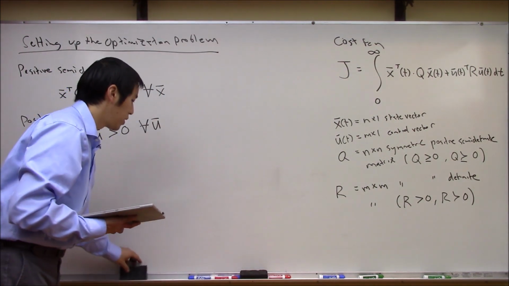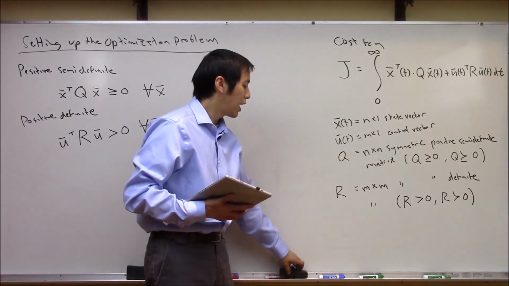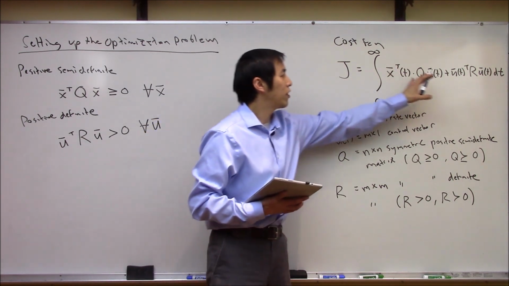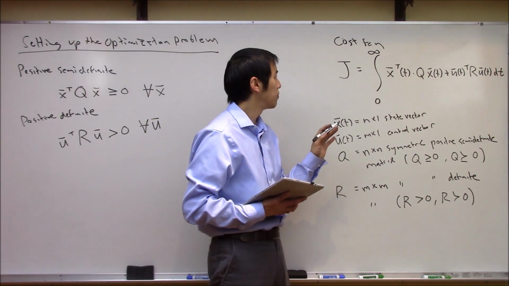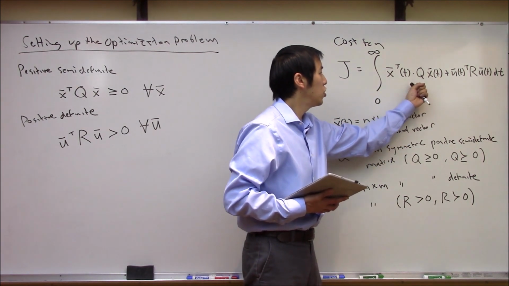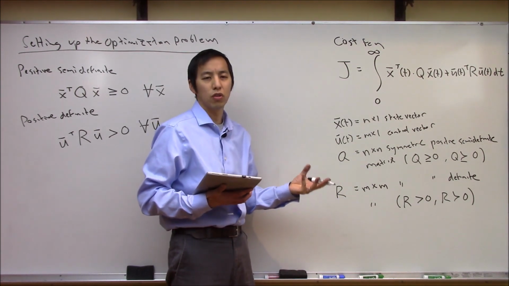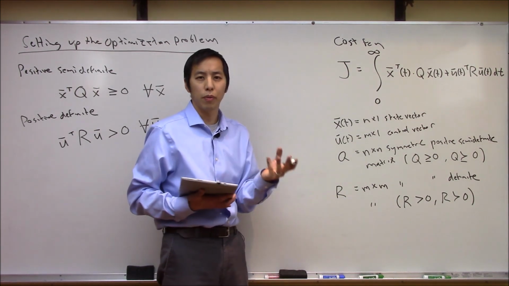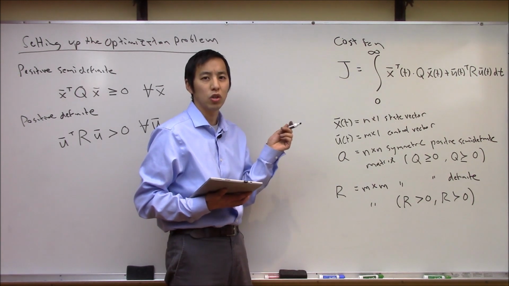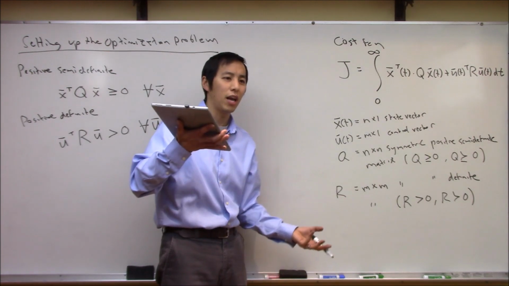Now that we understand positive definite and positive semi-definite, we have a rough feeling for what this cost function does. The integrand is always nonnegative, and this Q and this R are weighting matrices, like we saw earlier in our brief introduction to optimization, where Q and R traded off time versus money.